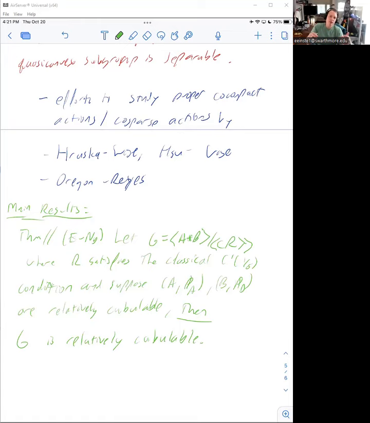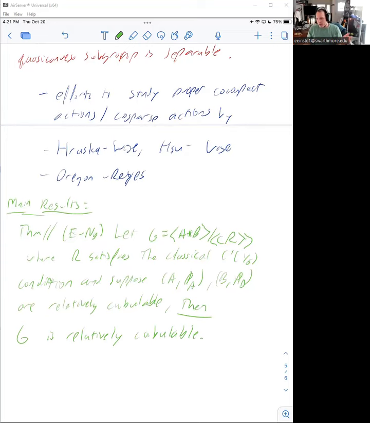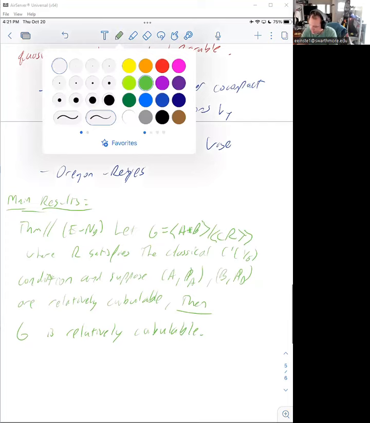You want them to have less than 1/6 of their lengths in common. If you're interested in this kind of thing, you should look at the book by Lyndon and Schupp, which is a classic. Anyway, you can take these fairly uncontrolled quotients other than the C'(1,6) condition and then magically get this relative cubulation result.